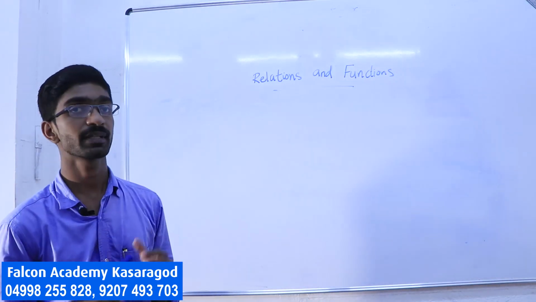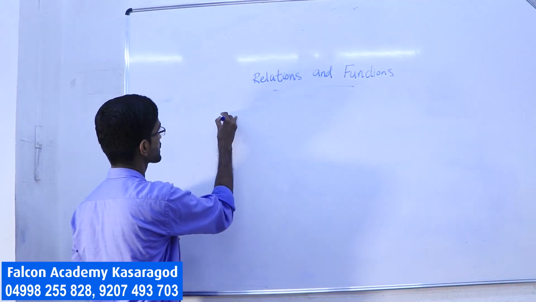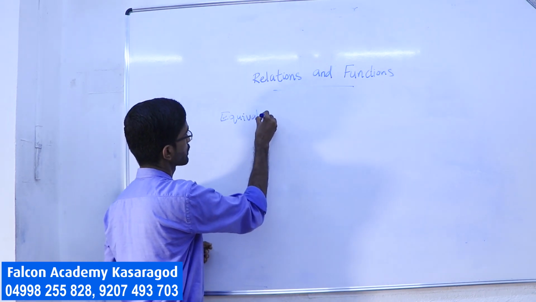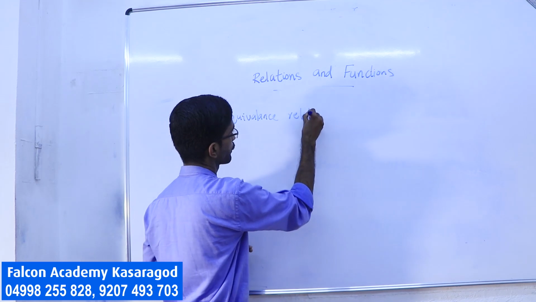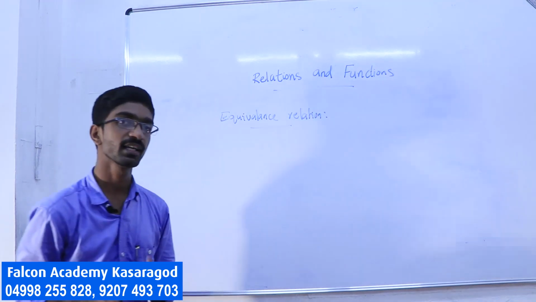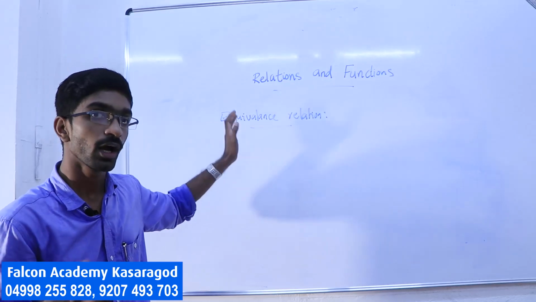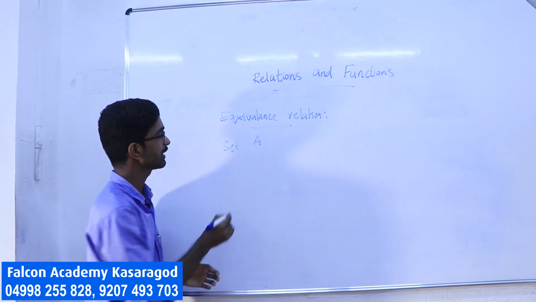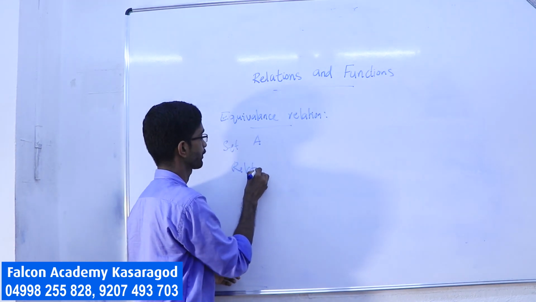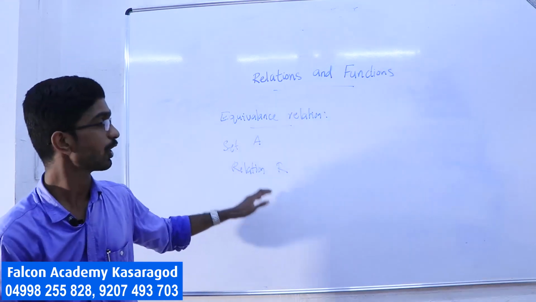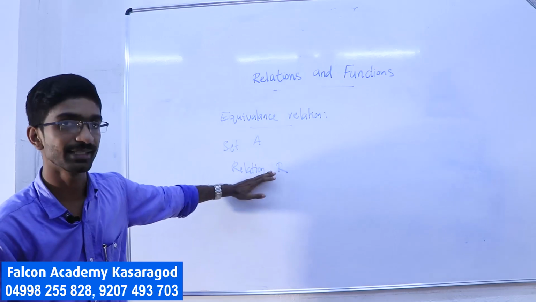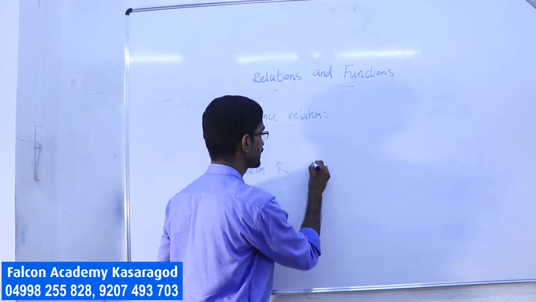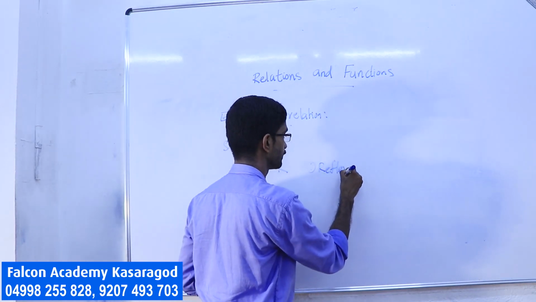Now, one more type of relation, that is the equivalence relation. So, suppose I have a set A and a relation defined on the set A. Then this relation is said to be an equivalence relation if first, it must be reflexive.